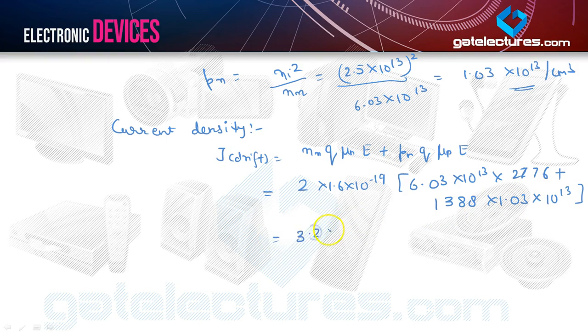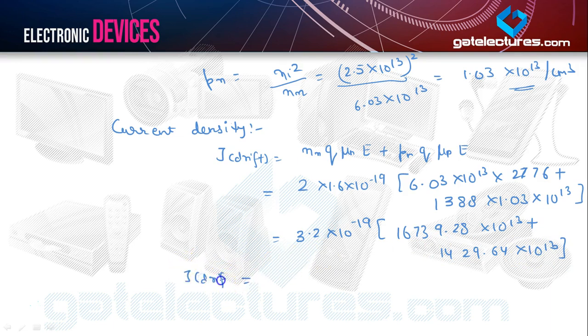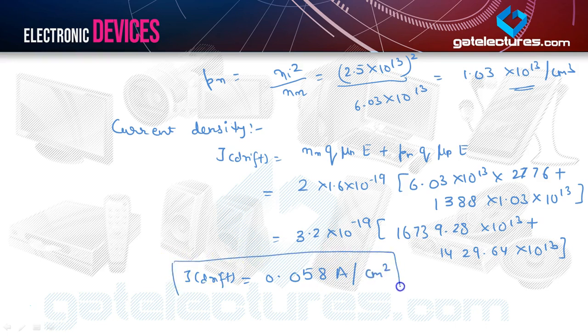We get 3.2 × 10^-19 times 16739.28 × 10^13 plus 1429.64 × 10^13. We solve it, and you get J drift, which is the required thing to find, as 0.058 ampere per centimeter square. So this is the answer to this question.